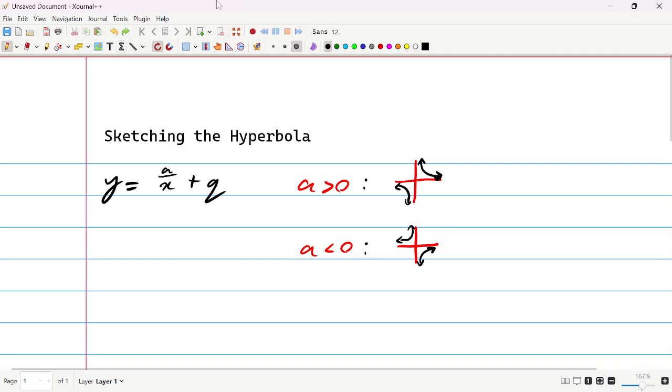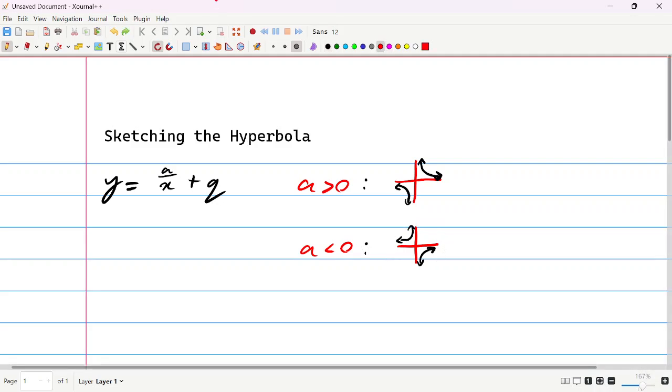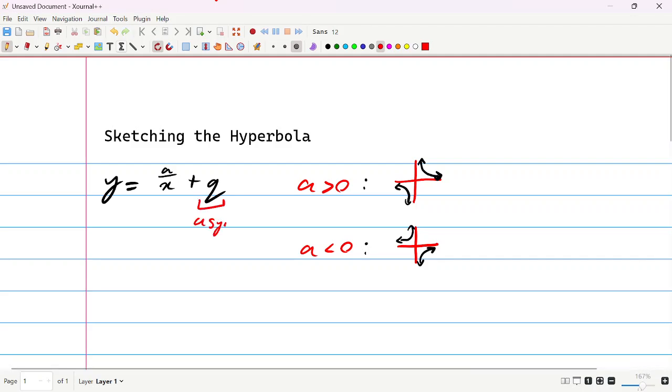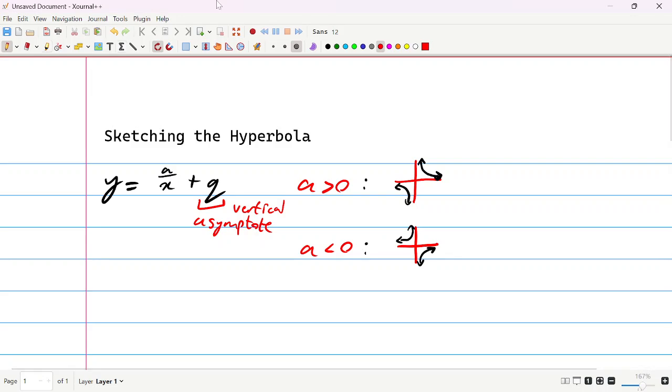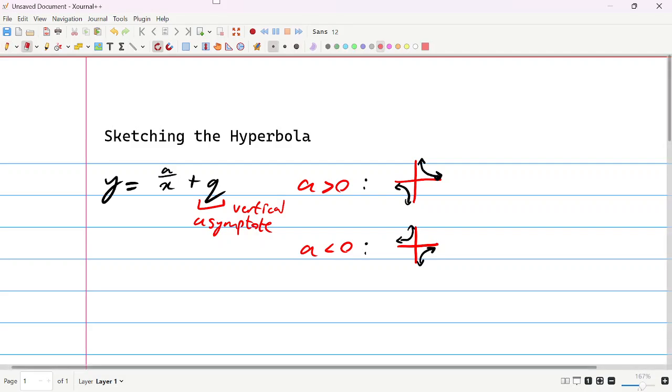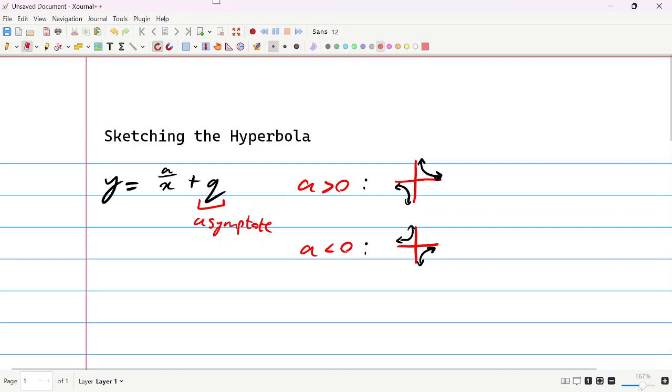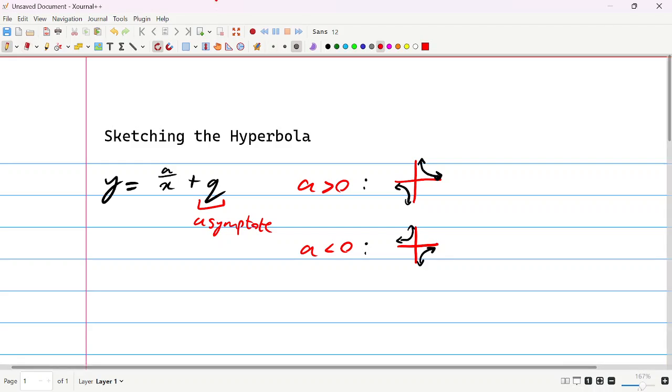Okay, and then our q value is essentially just our asymptote. But which asymptote? Our vertical asymptote. Am I making a mistake here? Is it a vertical? No. Why? Because it's horizontal.